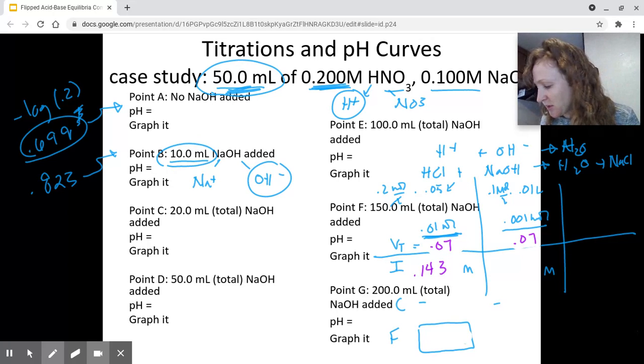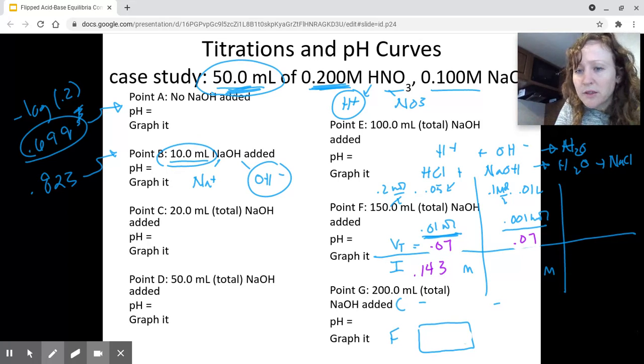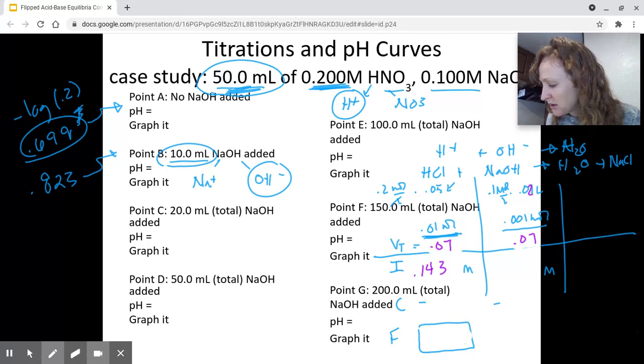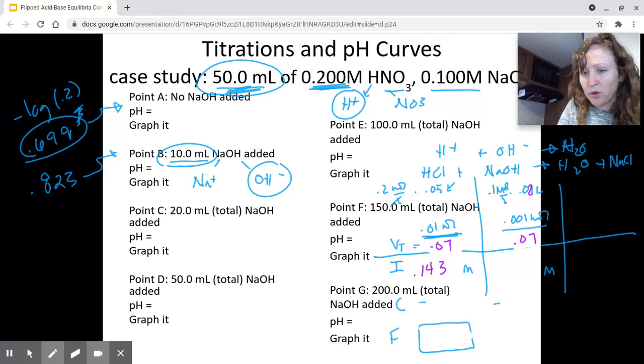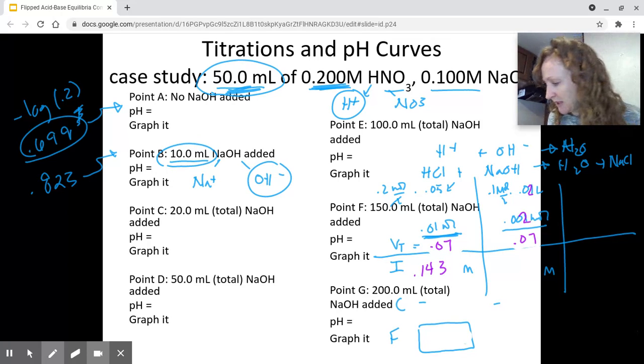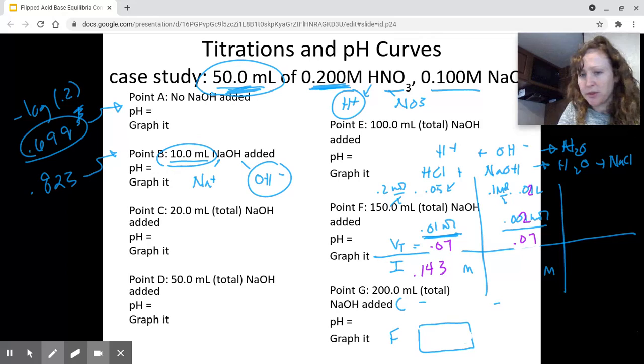Base is going to be 0.1 times 0.02 because we've added more. So 0.002 divided by 0.07 equals 0.0286. Okay, so that's going to be my change now.